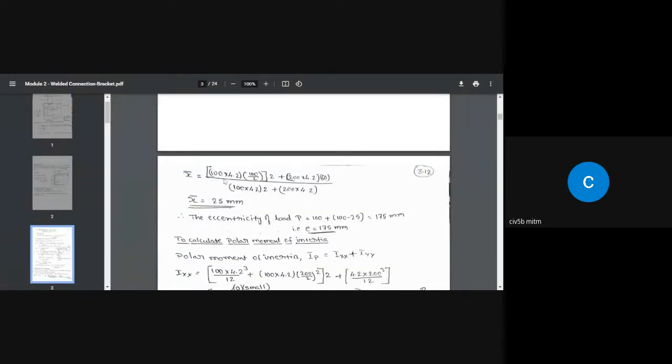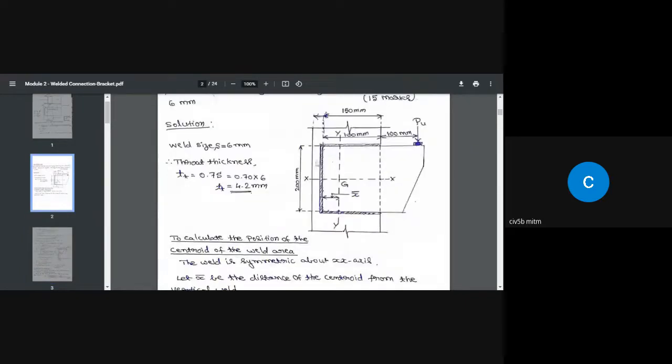I have multiplied that value by 2 because I have two such welds, one here and the other here.